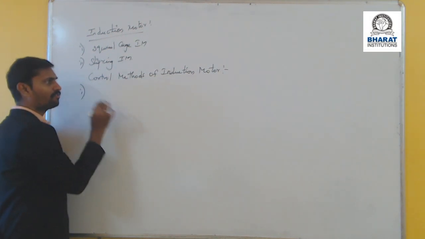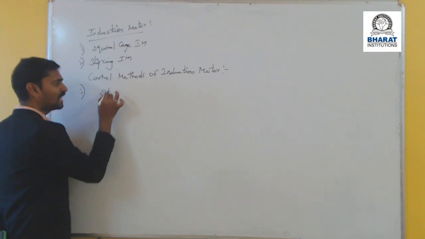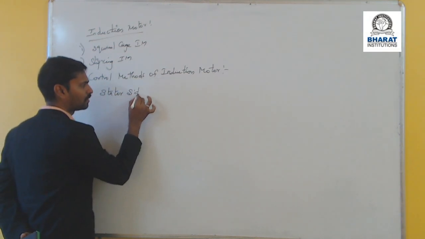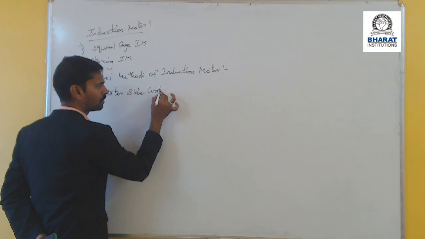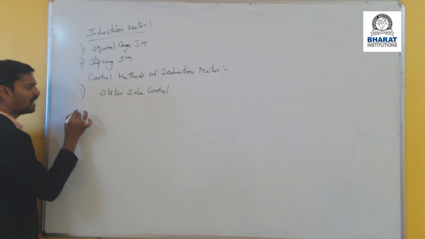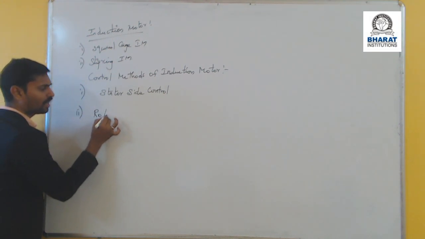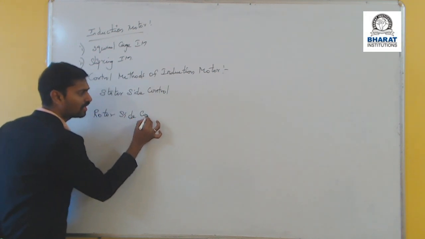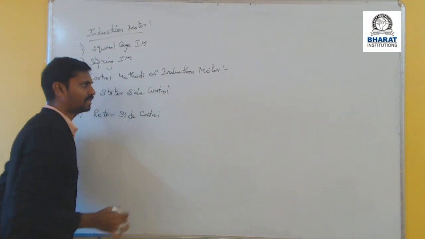That type of control is known as stator side control. The second methodology is rotor side control. By controlling the rotor side parameters, we can control the induction motor speed.